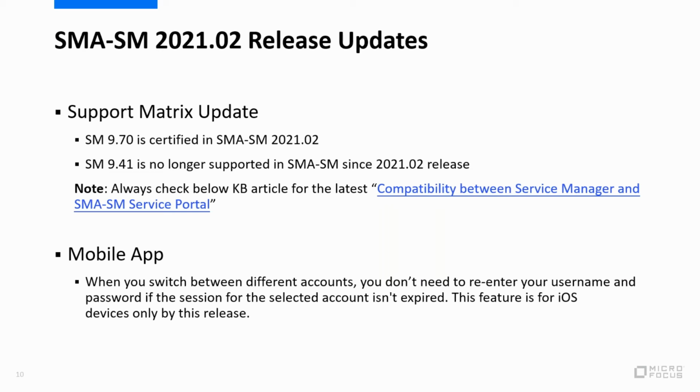Please note that this feature is for iOS devices only in the February release, and of course we will also extend this capability to Android devices later. So that's a major improvement in the February release of the SMA-SM.